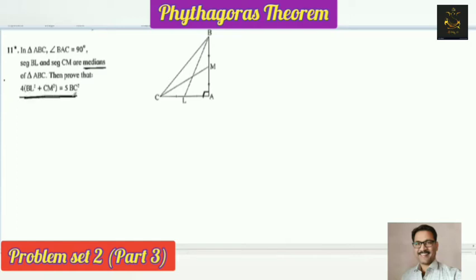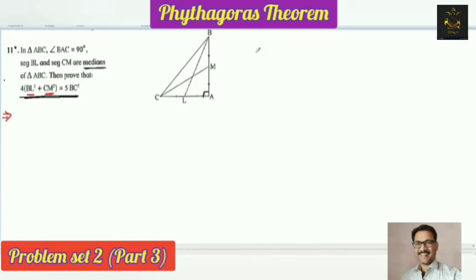If you observe here, 4 into BL square plus CM square, means this BL and CM, both these, and BC also. If you observe, how many triangles are there? There are a lot of triangles. But if you observe here, there are 3 right angle triangles.